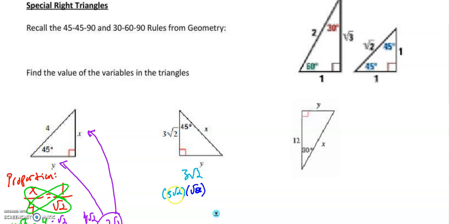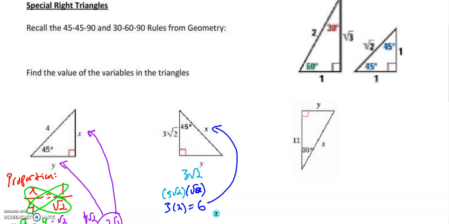It's just 3 root 2 times root 2, which means it's going to be 3 times 2, because square root 2 times square root 2 is just 2. You're left with 6, and that's what x is. So we used the information from the top to say square root 2 means it's that many times bigger than the leg.